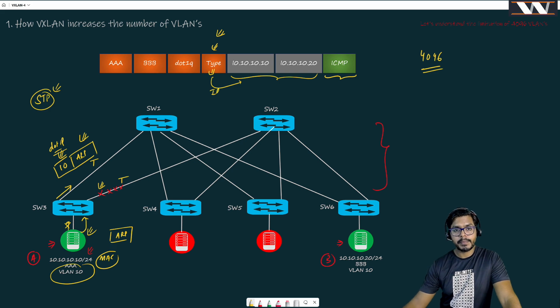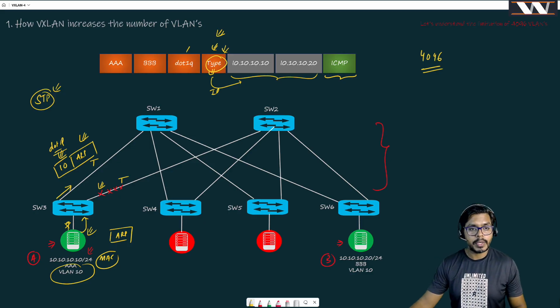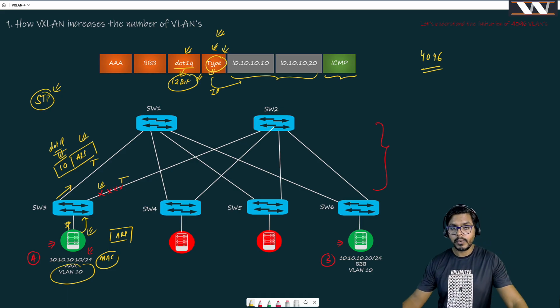And if this message is ARP, it will say the inside message is ARP, and that is the function of type, right? And then we have the .1Q field, and the .1Q field has a 12-bit VLAN ID. You all know that from 12 bits we can have 2 to the power 12 combinations, which is 4096. And that is why we can have only this many VLANs.